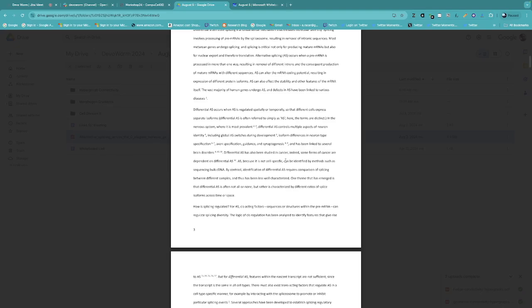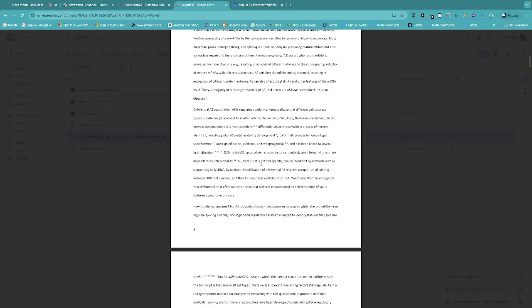They can be identified by methods such as sequencing bulk cDNA, where you can look at the cDNA and get a sense of what these alternative splicings are. It almost has the feel of a hammer trying to find a nail: you have this mechanism and it's cool, and you look for different things that it's involved with. And so this is why we have all these different studies on these different things.